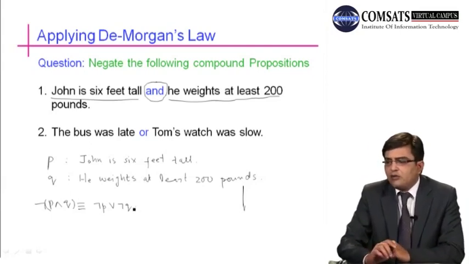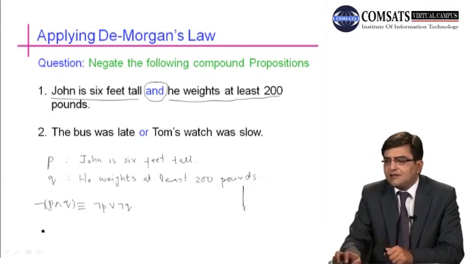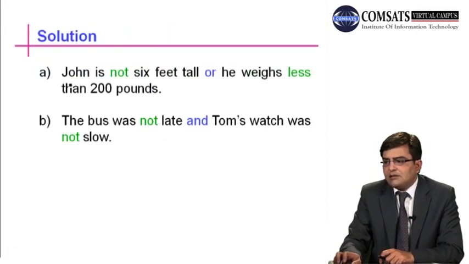So how will we write the negation of this statement by using De Morgan's law? The solution is: John is not 6 feet tall, or, here we have the disjunction, he weighs less than 200 pounds.